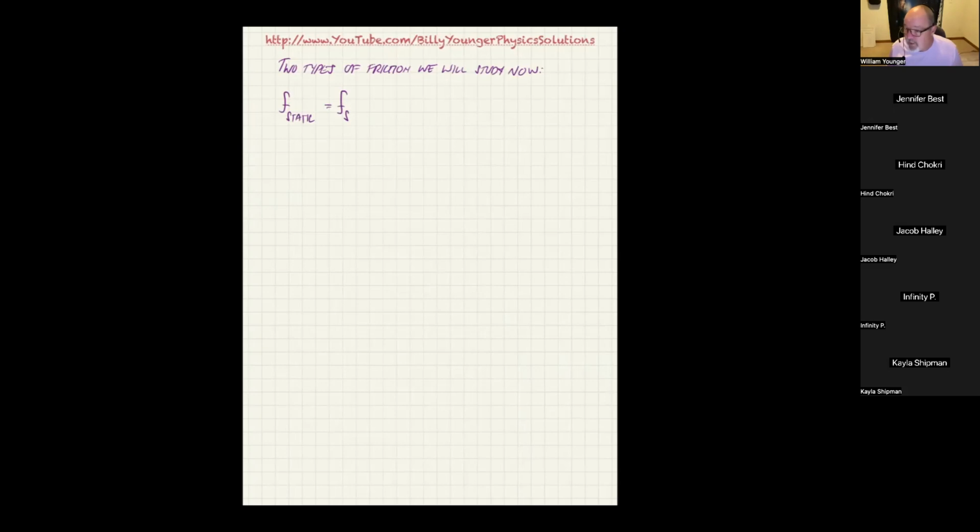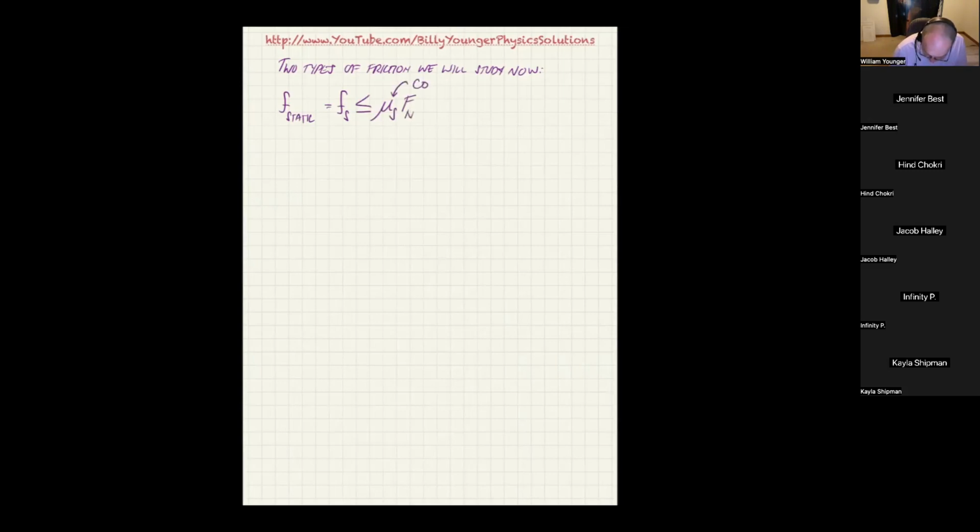If I keep doing that, it will keep not budging so that the friction force continues to supply just enough force to stop it from moving. But there is a limit, and that limit is, in fact, given by less than or equal to the coefficient of static friction, that's what the mu s is called, times the normal force.